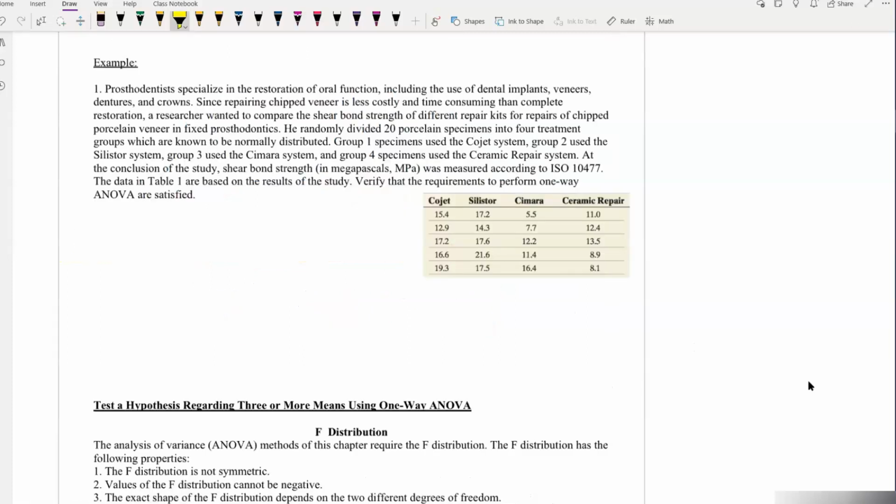So he randomly divided 20 into 4 treatment groups. So we have 4 groups: group 1, group 2, group 3, group 4, and you can find all these 4 groups here in this table.